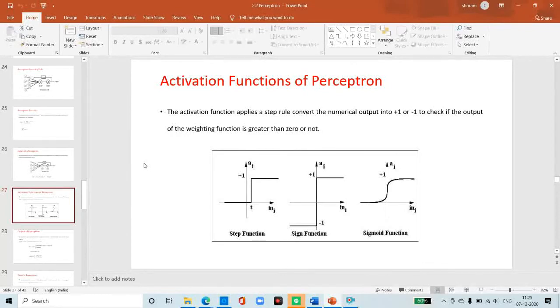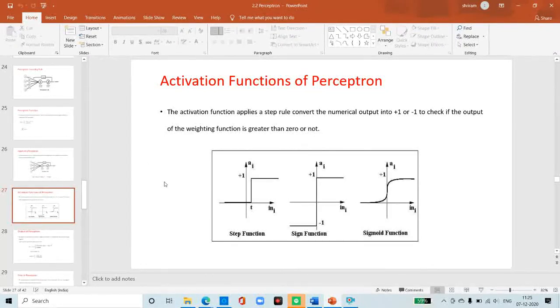In this diagram, the step function gets triggered above a certain value of the neuron output, else its output is 0. The sine function outputs plus 1 or minus 1 depending on whether the neuron output is greater than 0 or not. The sigmoid is an S curve and outputs a value between 0 and 1.